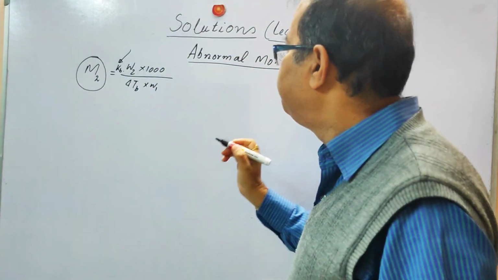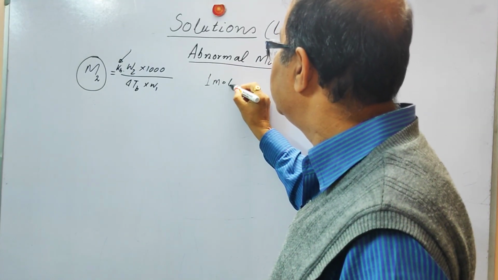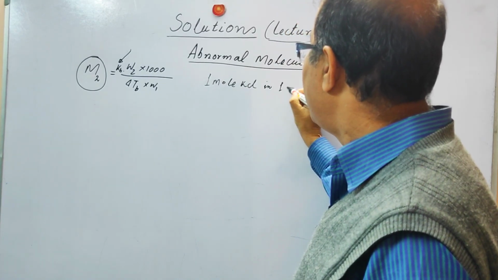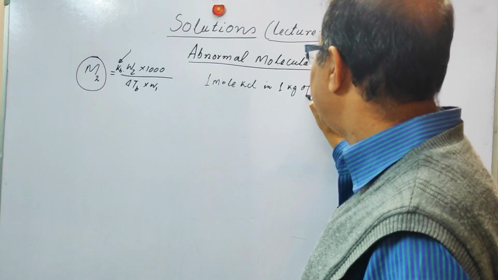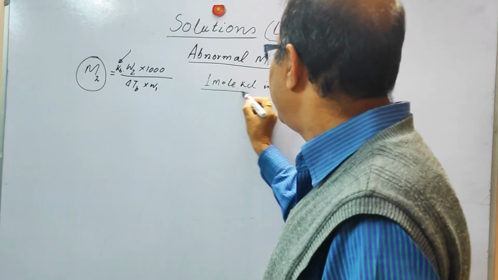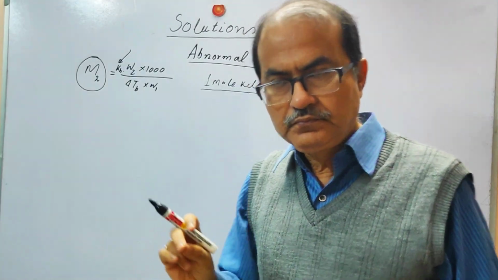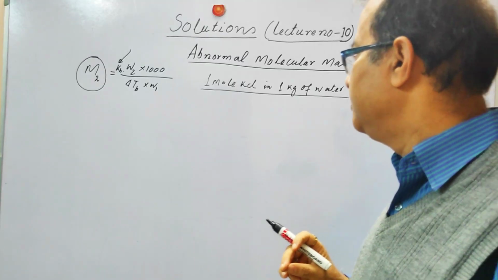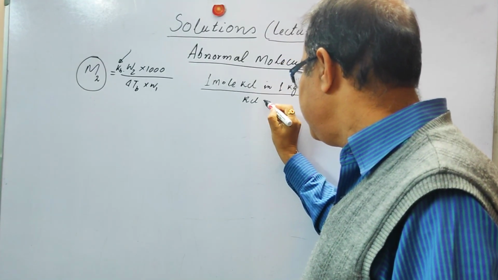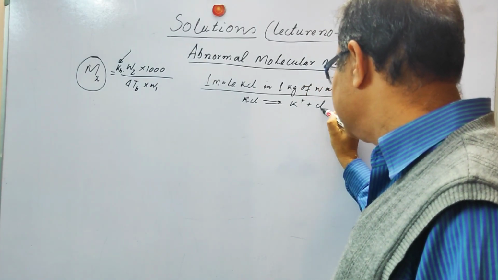Suppose we have taken 1 mole of KCl in 1 kilogram of water. Because it is an ionic compound, this KCl will dissociate into K plus and Cl minus.